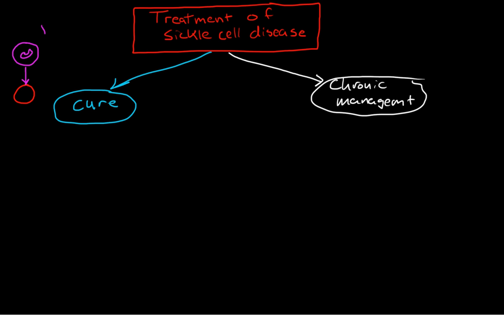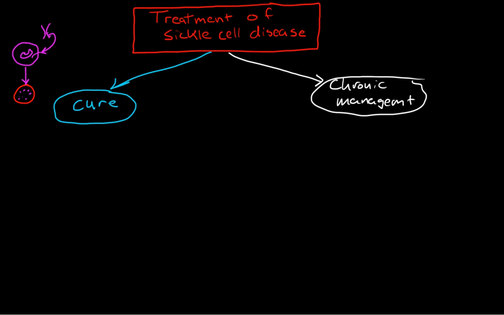Remember, in one of my earlier videos I talked about the 11th chromosome, and one part of the 11th chromosome contains the gene for the beta chain of hemoglobin. So hemoglobin is being produced by this gene within an erythropoietic stem cell, and that's what creates the hemoglobin within the mature cells.